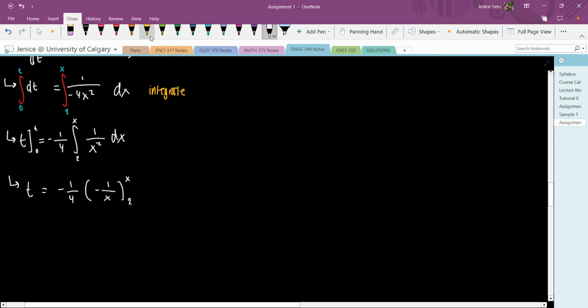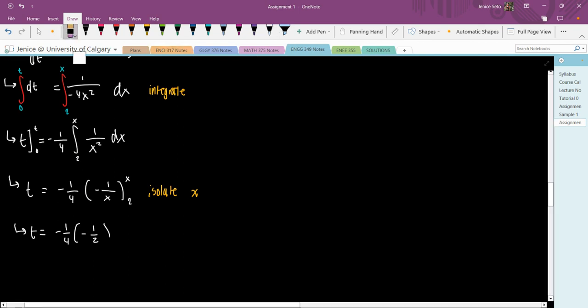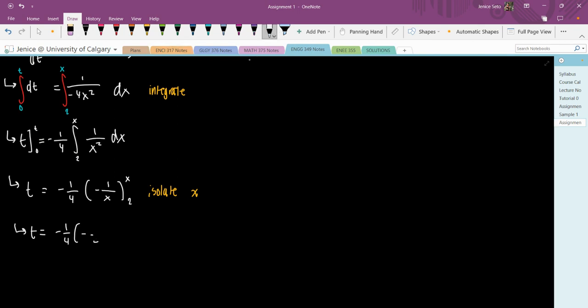So now we want to isolate x. So let's continue solving this. This is t, this is negative 1 over 4, and this is going to give us negative 1 over 2 plus, in this case, 1 over x.